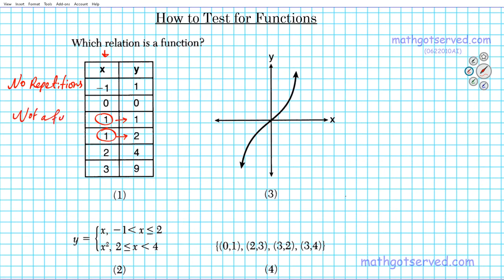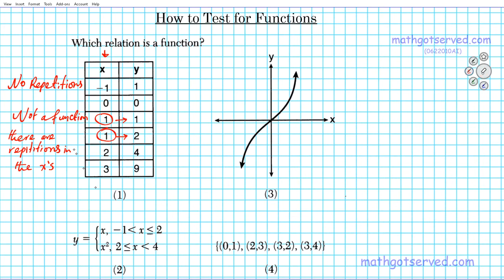Why? Because there are repetitions in the x's. This relation is assigning one input, namely 1, to two different outputs.